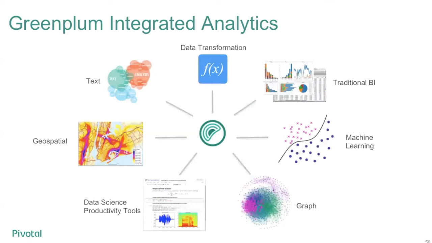But we also want to provide a fully integrated experience for our customers by improving the workflow that a user might have from loading the data into Greenplum and using these modeling tools to transform the data, and then using the modeling tools to be able to extract the valuable insights that they might need for their different use cases.